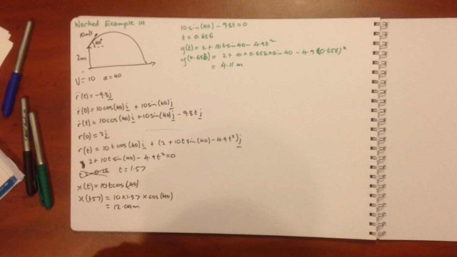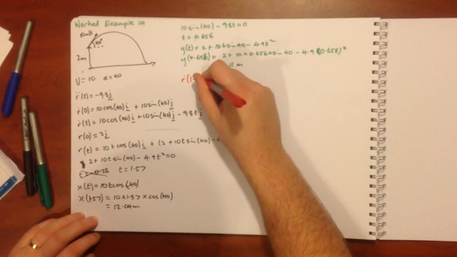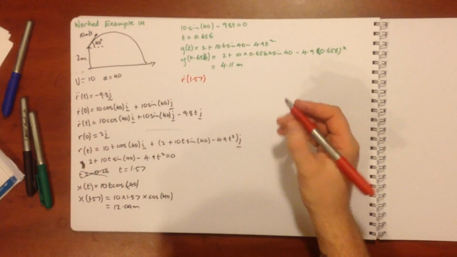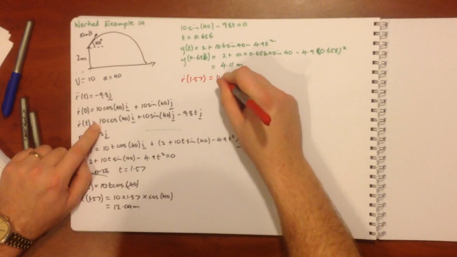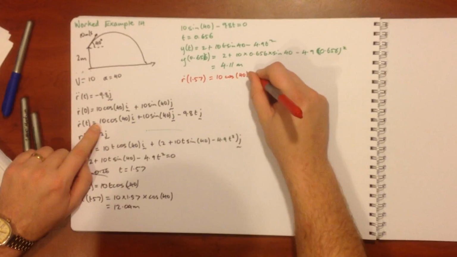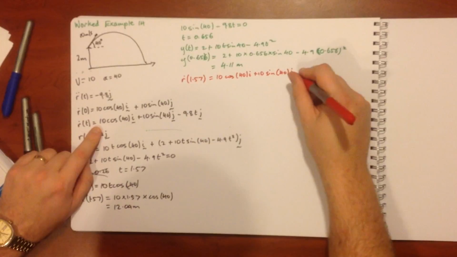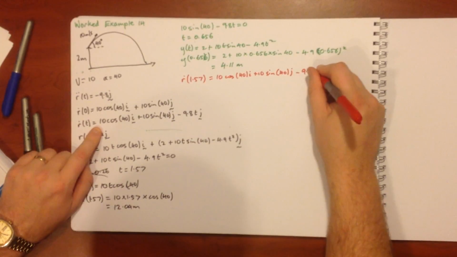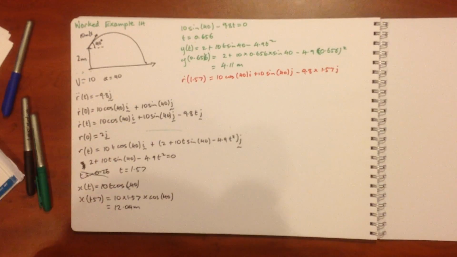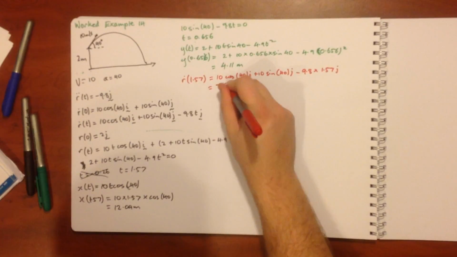We can say our r dot of 1.57, and we're using our r dot because we want our velocity vector when we hit the ground. Well, that's going to be equal to 10 cos of 40 i plus our 10 sine of 40 j, minus 9.8 times our 1.57 j.